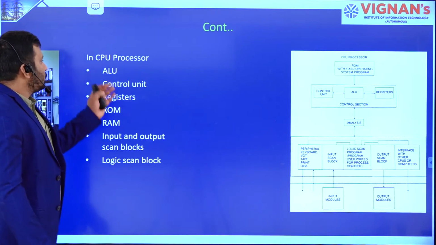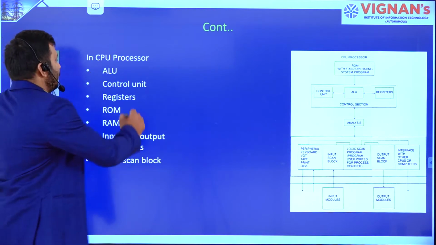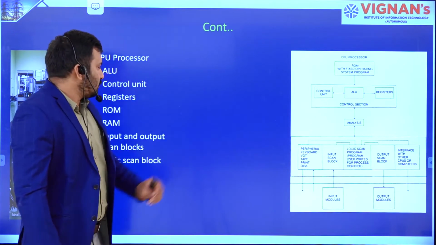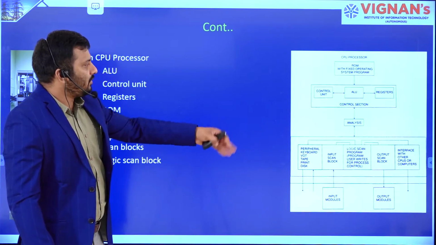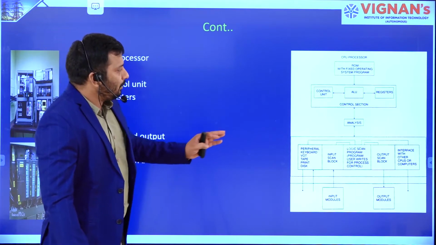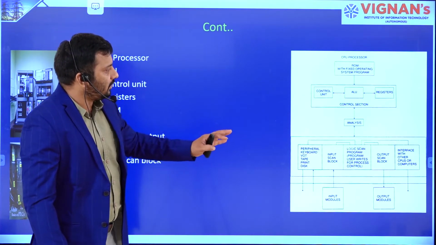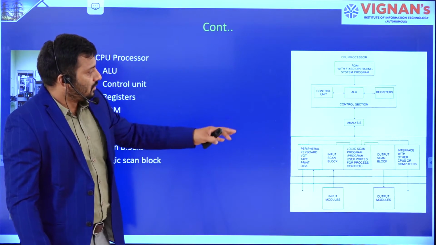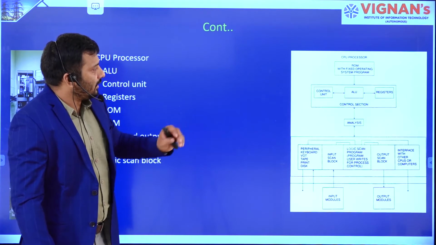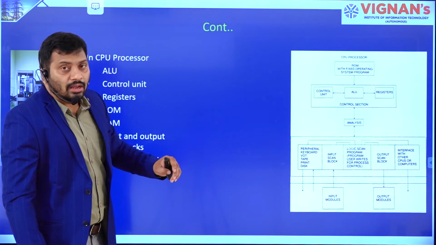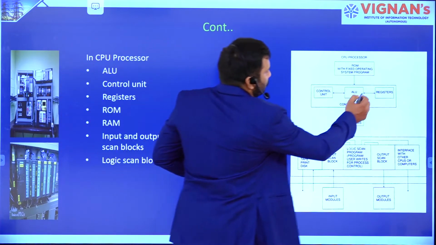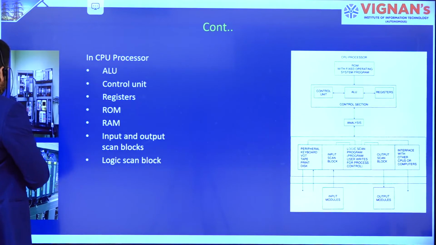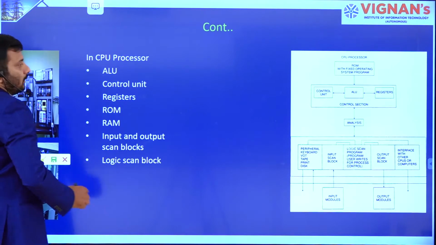Now, what do we have in the CPU processor? We have an ALU, control unit, registers, and input modules, output modules. Previously we also discussed this, but here we can see the different sections that the internal CPU contains.